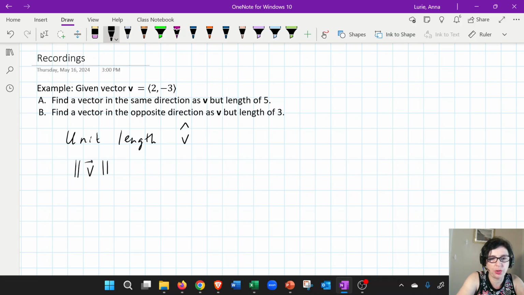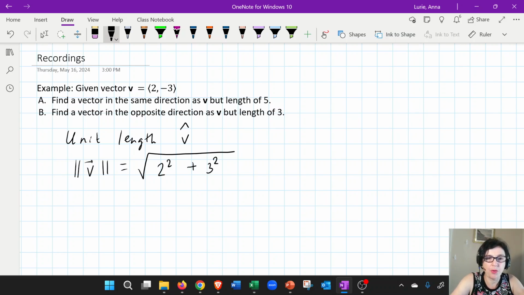To find the magnitude of v, you take the square root of the first component of v squared plus the second component of v squared. Notice how the second component of v was negative, but I did not include the negative in there.